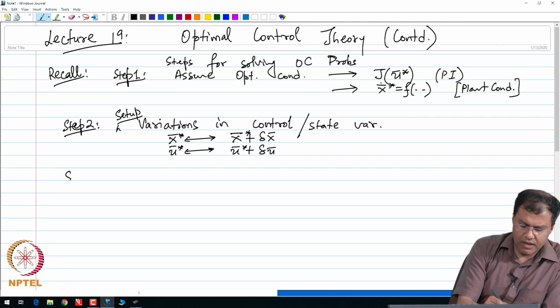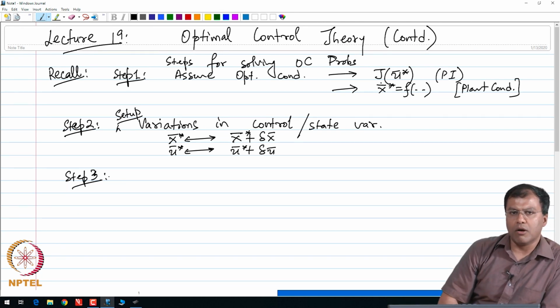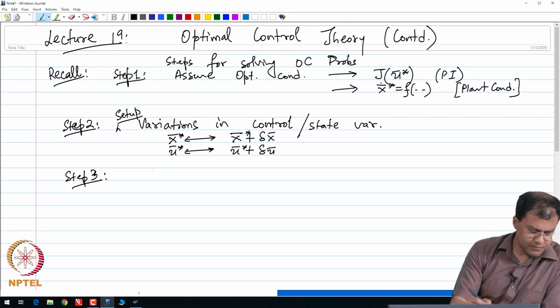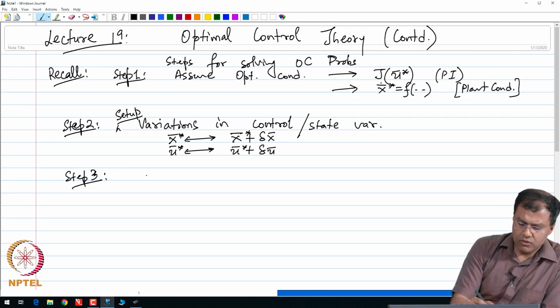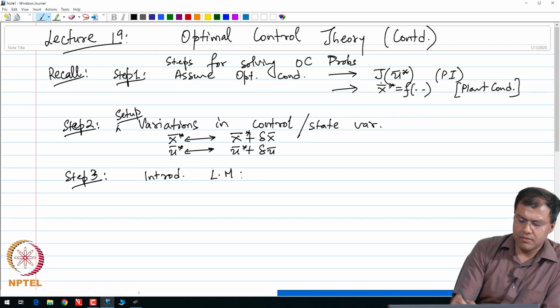Step 3 was we write down the functional for the optimal condition as well as the functional at the perturbed value, and further we introduce the constraint via the Lagrange multiplier lambda of t.